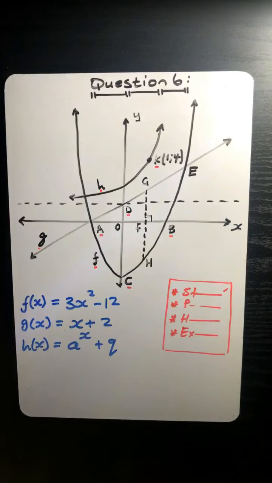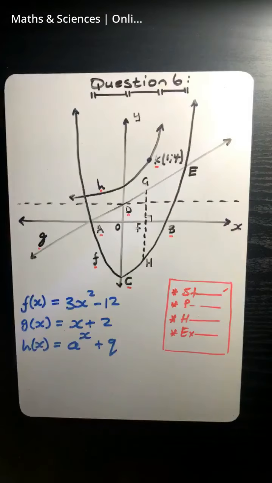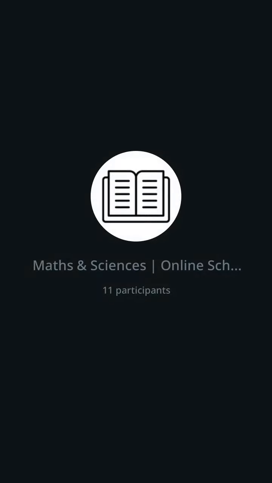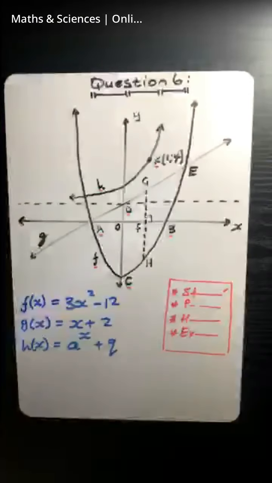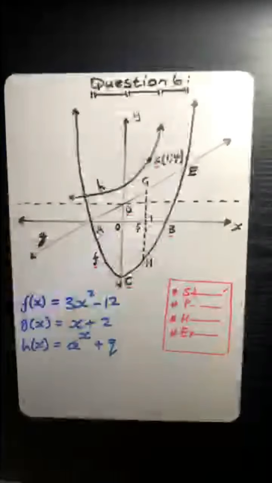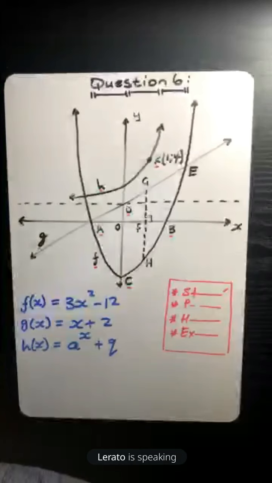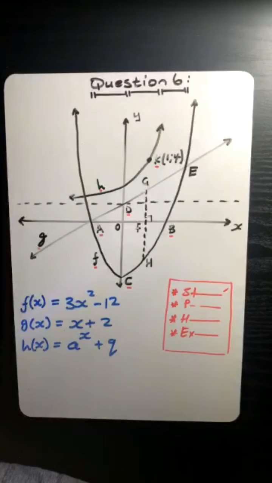So there are 3 functions. It's exponential, straight line, and parabola. Which one is which in terms of their names? Who is Mafranco? Graph of f is the parabola and graph of g is the straight line and graph of h is the exponential.